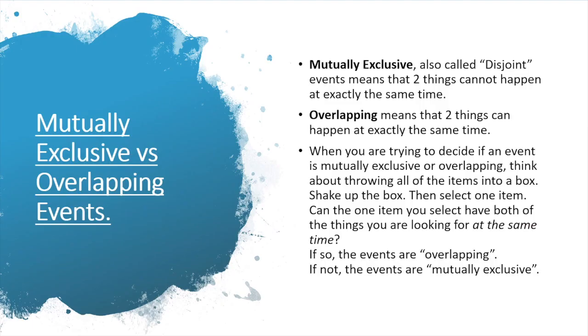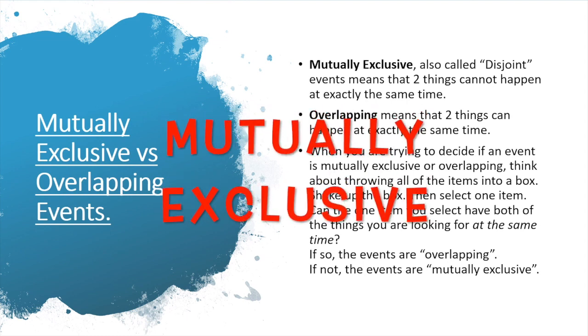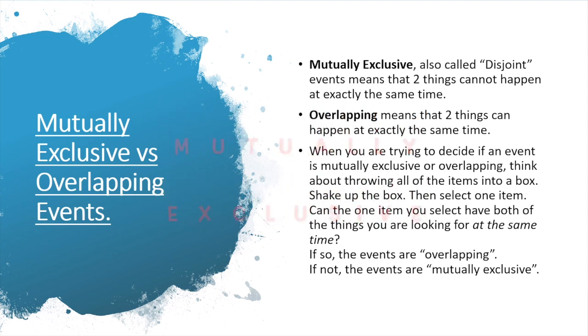So the next 2 sets of vocabulary words that show up a lot with probability are mutually exclusive events versus overlapping events. Mutually exclusive, sometimes you'll hear them called disjoint events, means that 2 things can't happen at exactly the same time. If it's one thing, it cannot be the other.